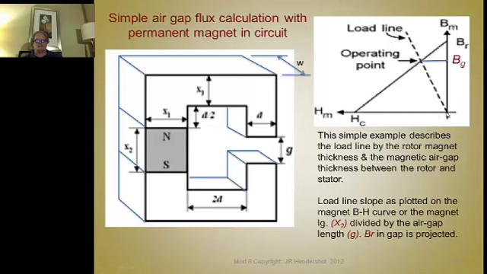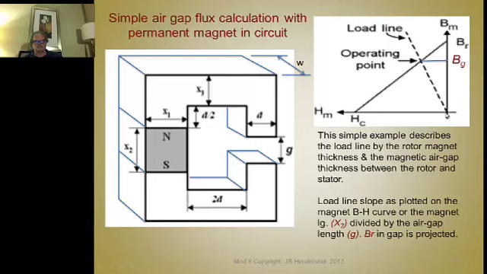Well, you plot on the H-axis the air gap, and you plot on the B-axis the thickness of the magnet, and you project vertical and horizontal lines, and where they intersect each other, you draw the permeance line, the load line.